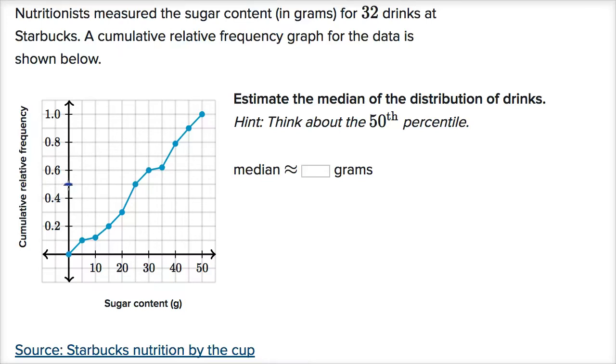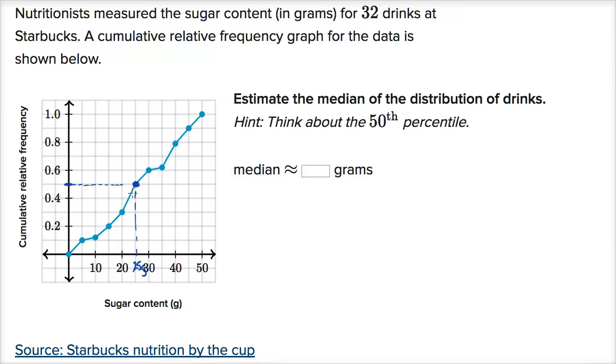Another way to think about it is 0.5, or 50%, of the drinks. If we go to this point right over here, which has a cumulative relative frequency of 0.5, we are right at what looks like 25 grams. So one way to interpret this is that 50% of the drinks have 25 grams of sugar or less.